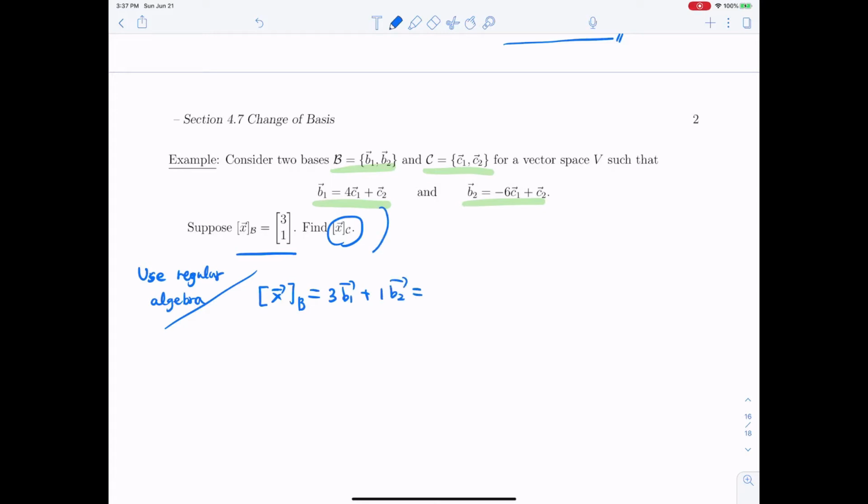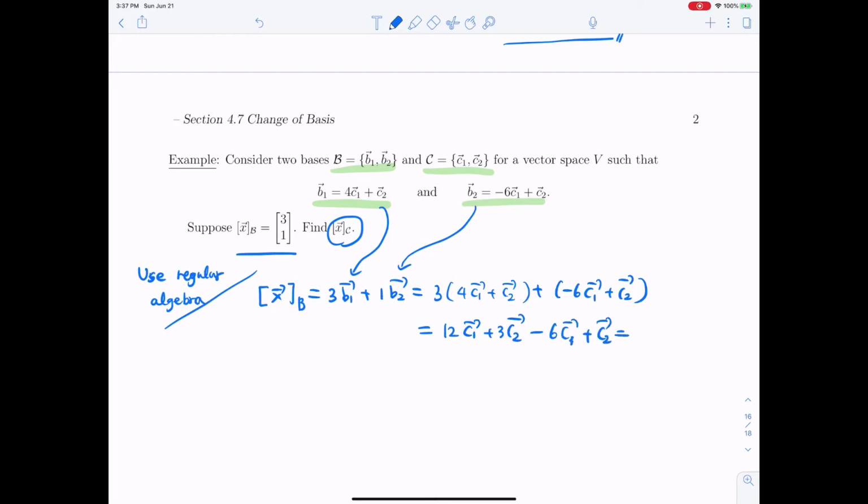If you plug in b1 and b2, that gives you 3 times (4c1 + c2) plus (-6c1 + c2), which gives 12c1 + 3c2 - 6c1 + c2, and you will get 6c1 + 4c2. So this tells you that the C-coordinate for x equals (6, 4).